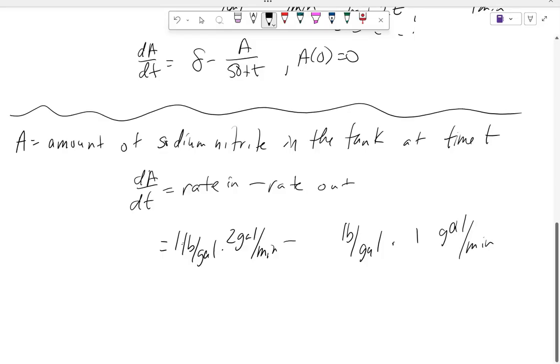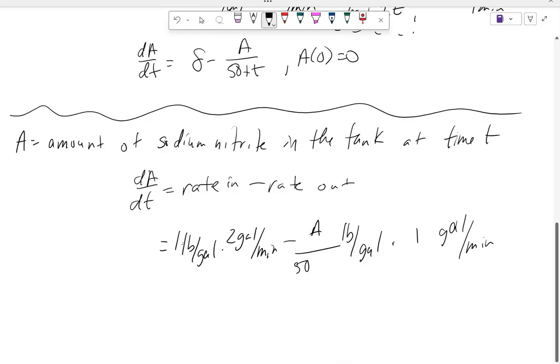The harder part is what goes in the next piece. Pounds per gallon of the well-mixed curing solution, right? How many pounds are present at time t? Well, at time 0, it's 0, right? But at any given time t, what do we represent it with? In the A, right? So the numerator here needs to be A. What are we going to divide that by in this case? Yeah, it'd be 50.